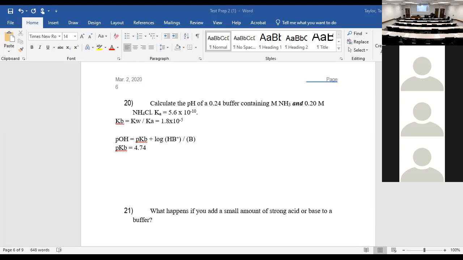Plus the log of the two molarities. Plus the log of, and you start with your HB, and then you move on to your B. So that one, and then you move on to this one. Okay, so 0.20 divided by 0.24.